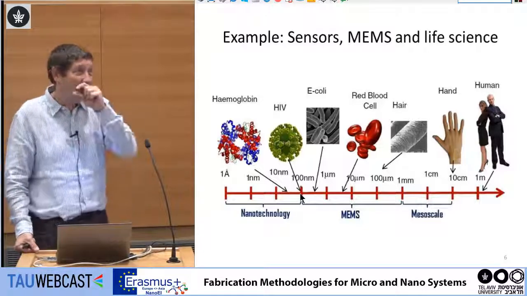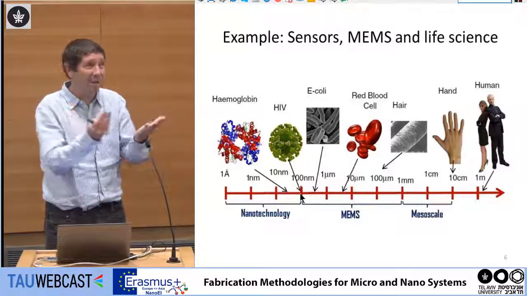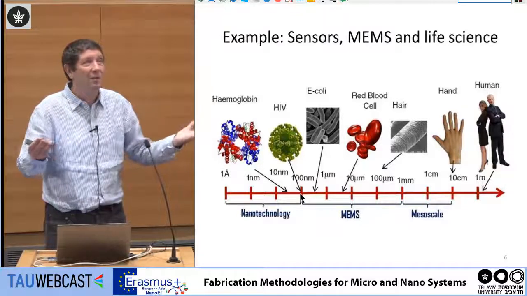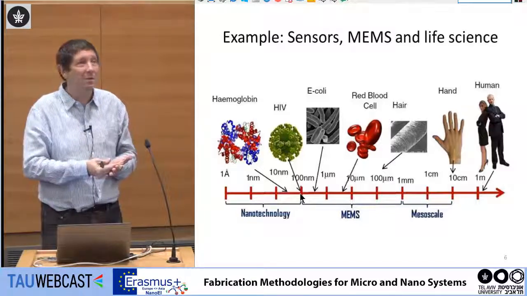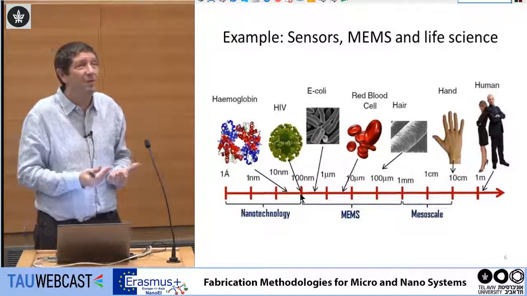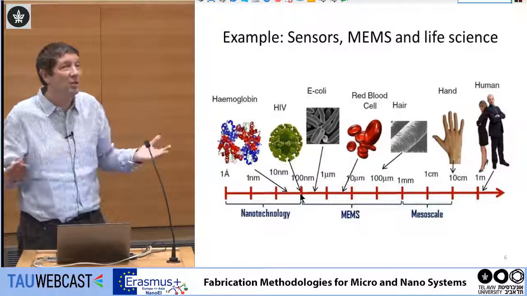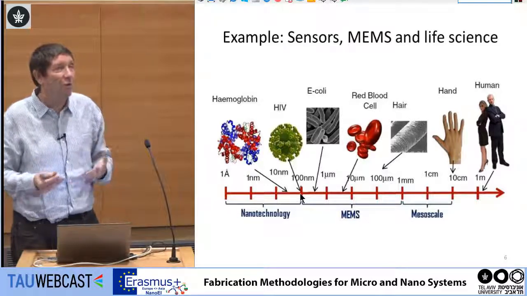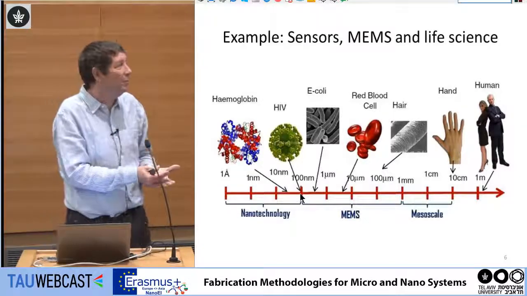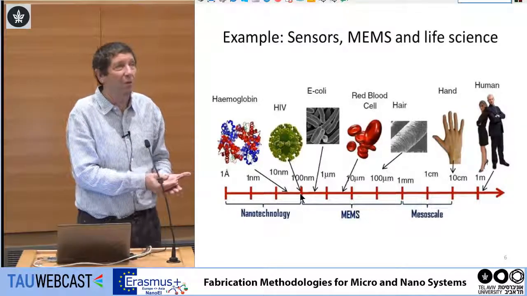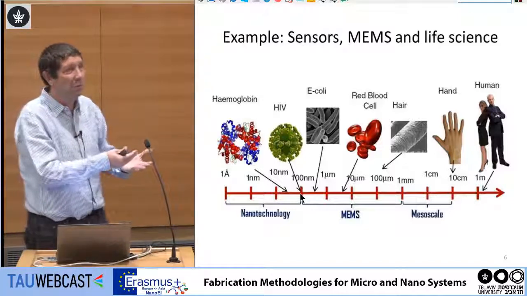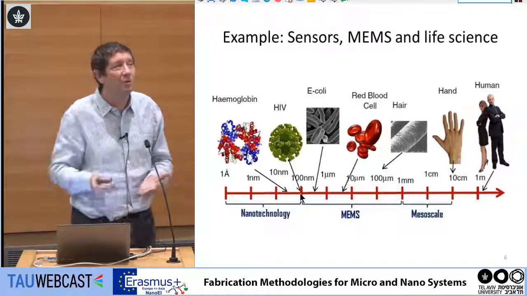But because we deal with things which are about the same size, if we can integrate them together, from an engineering point of view, it's not a big problem. Actually, microbes are much, much larger than transistors. So if you know how to look at transistors, you know how to look at microbes.